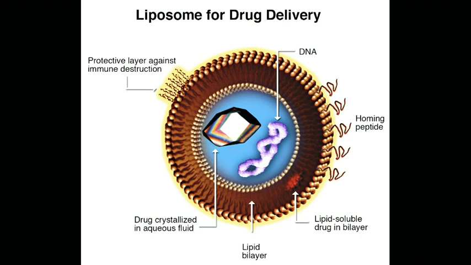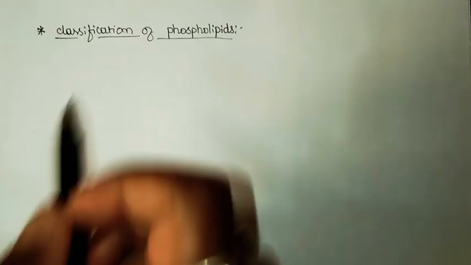There are also targeting ligands on the surface of the liposome which help in accumulation at the pathological area for the treatment of the disease. Once accumulated, it fuses with the cell membrane and delivers its contents, and that initiates the curing of the disease.